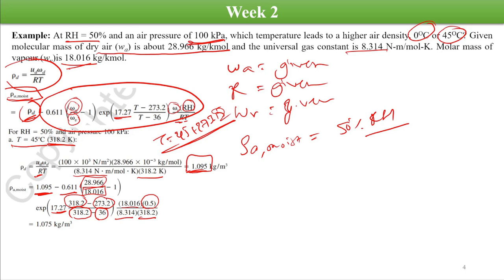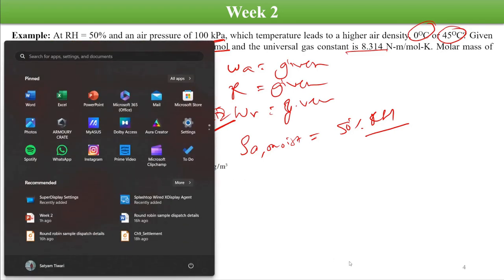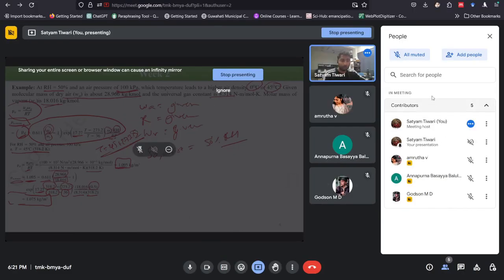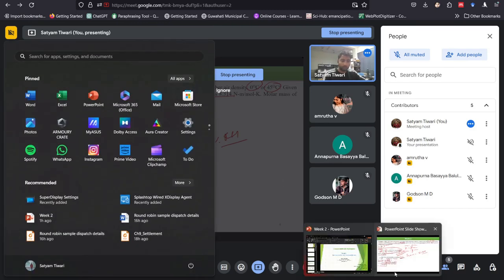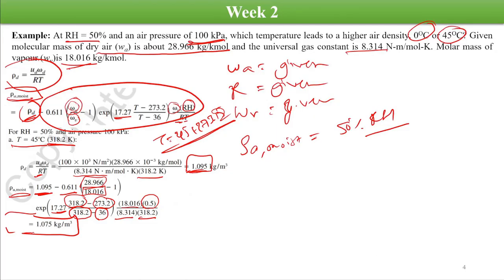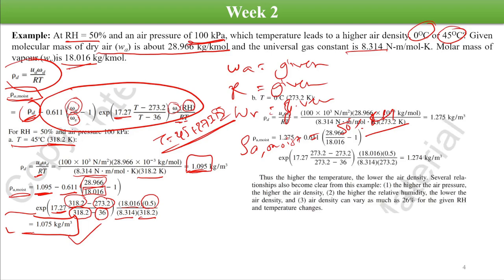After solving this, we'll get the air density at the moist condition, at a relative humidity of 50%, which will be equal to 1.075 kilogram per meter cube. In this way, we can calculate the moist density at any relative humidity. For the second case, let me see, where's the eraser?